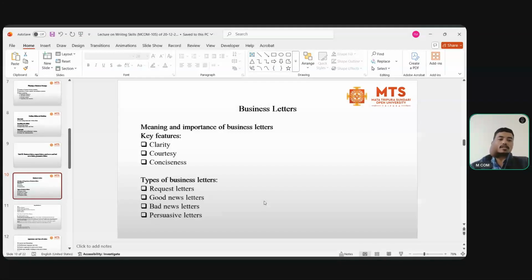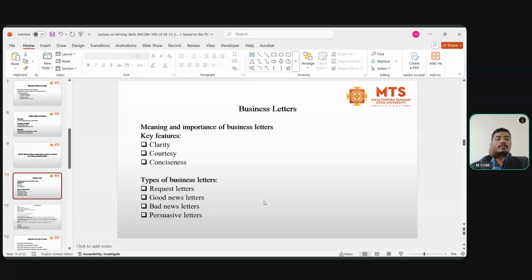Business letters are very important even in the age of email. Now we use more email than offline letters, but letters are also used for documentation. These business letters are still relevant. Your business letters should always be clear, polite, and concise. The language should always be simple and professional.